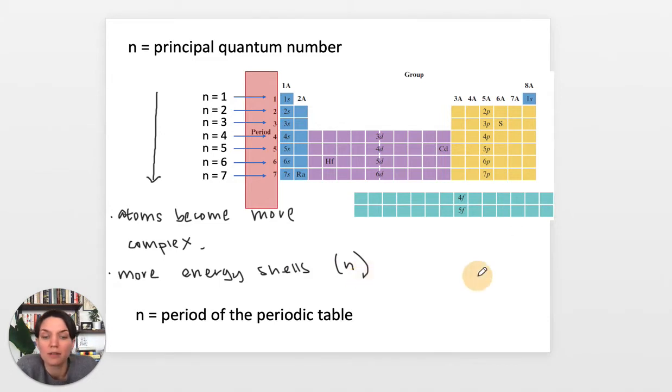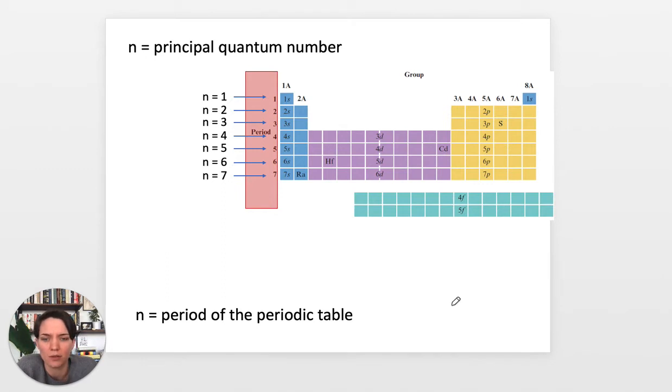And we're going to see that within those shells, you can have a lot of stuff going on. As they become more complex, they're also becoming larger, right? Those outer electrons are at a higher energy level because they're further from the nucleus. So n is the period.